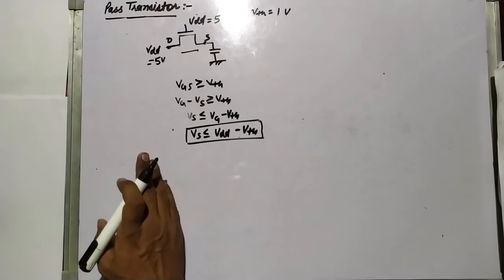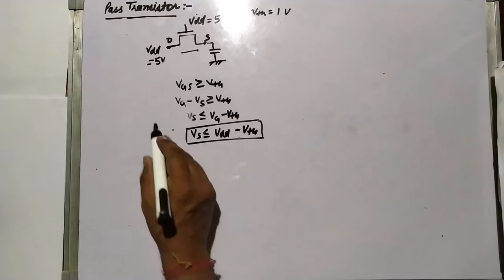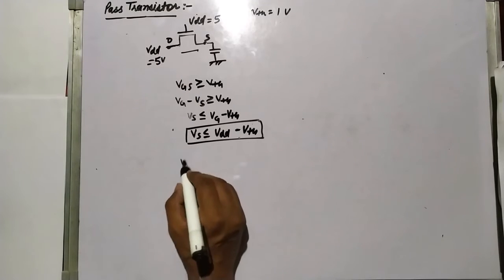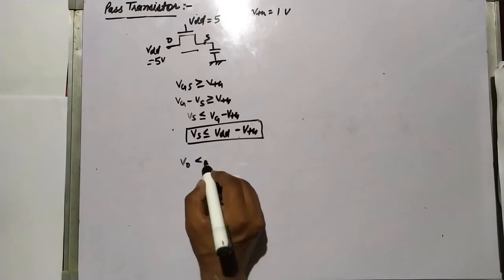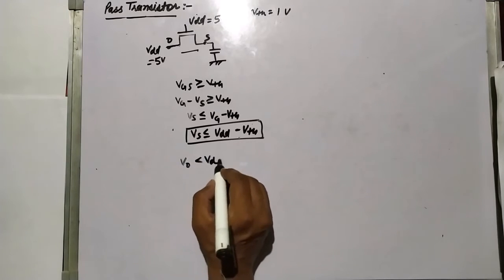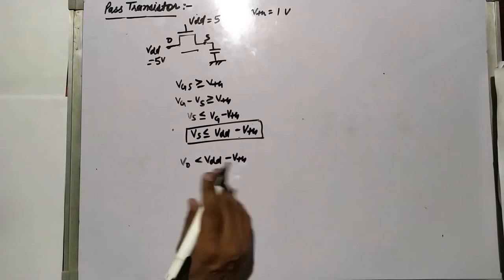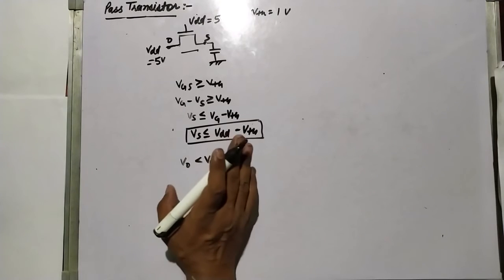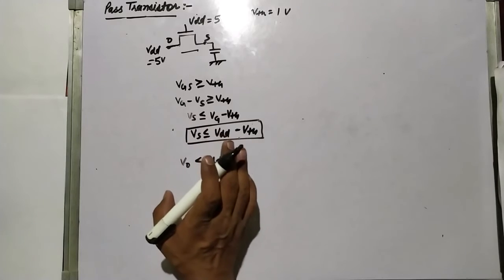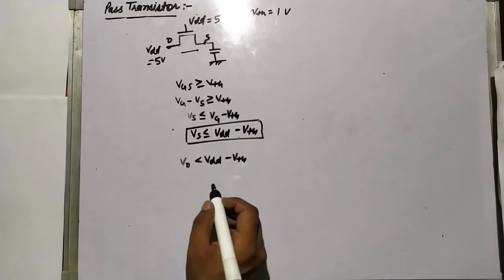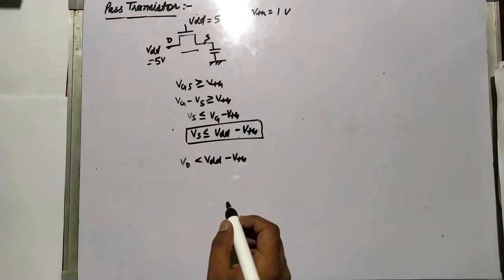Now let's suppose I am at the drain terminal, and the voltage VD is less than VDD minus VTH. Then what will happen? Then obviously there will be no current flow any further after the source charges up to the drain voltage. Now let's understand this by an example.